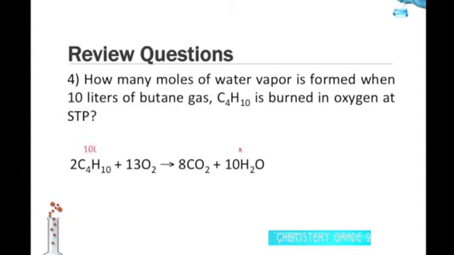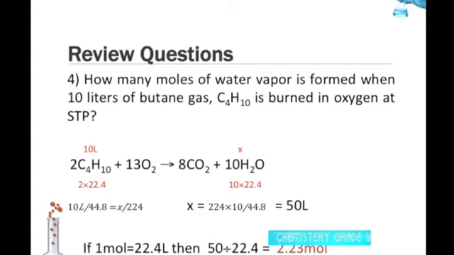Let's write the known and the unknown on the top, the moles on the bottom, times the volume, set up the proportion, and solve for x. 50 liters. If we want to get this into moles, 1 mole equals 22.4 liters. So 50 divided by 22.4 is 2.233 moles.